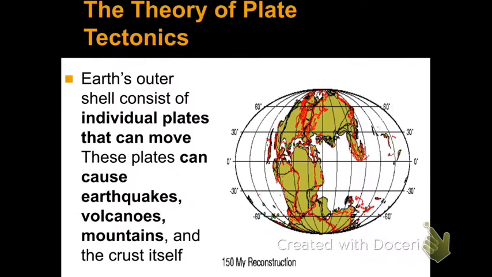And I did want to point out one other thing before we move on. If you look at this picture here, it has the red squiggly lines. Those red squiggly lines are showing you the boundaries of the plate. So plates are going to move based on where the plate boundaries are, not where the boundaries of a country are. So for instance, you've probably heard that part of California one day, many million years from now, won't be connected to the U.S. anymore.